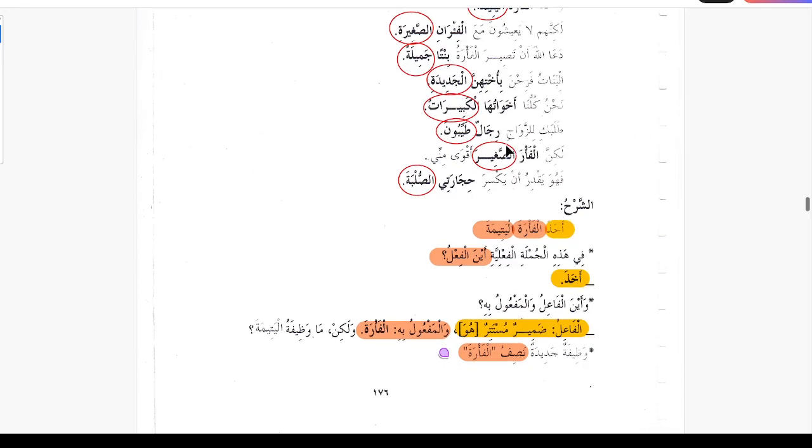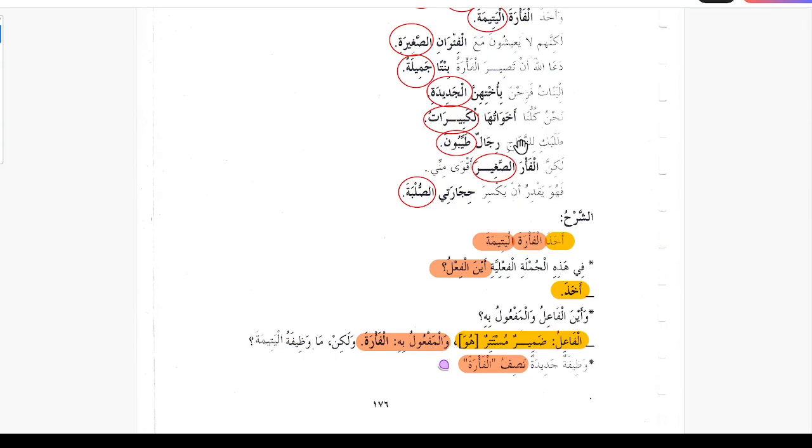Talabaki lizwaji rijalun tajibuna. The good men asked you for marriage. So rijalun is plural, tajibuna is plural, like a plural by waw, like muslimuna, and it is rafa.